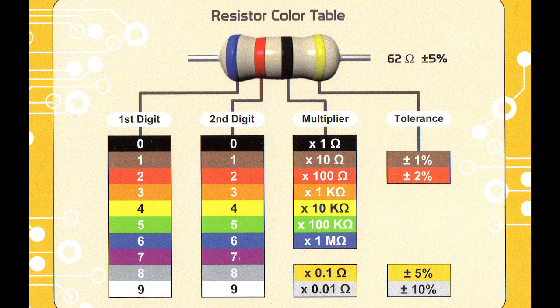Now that's called the tolerance for this fixed resistor. So that's going to be a 62 ohm resistor plus or minus 5% of 62. So it could be a little bit more, it could be a little bit less. Now what's the deal with this tolerance?